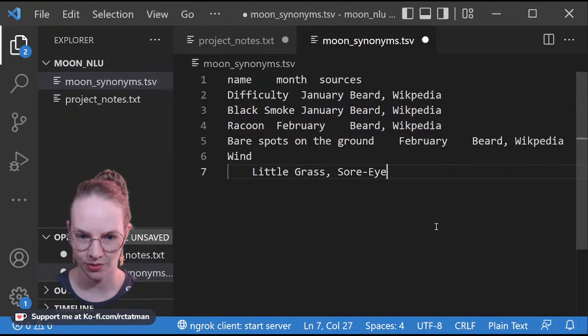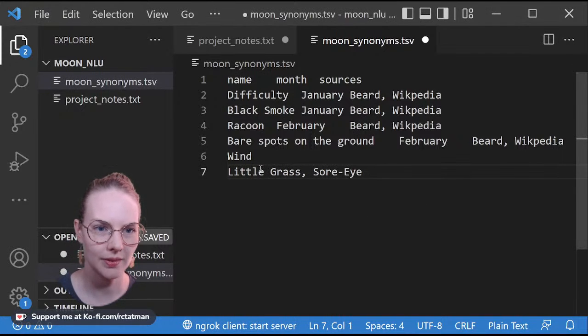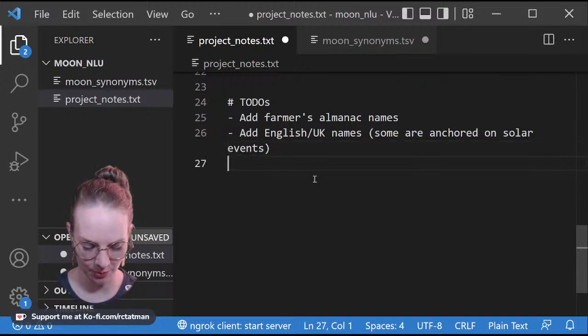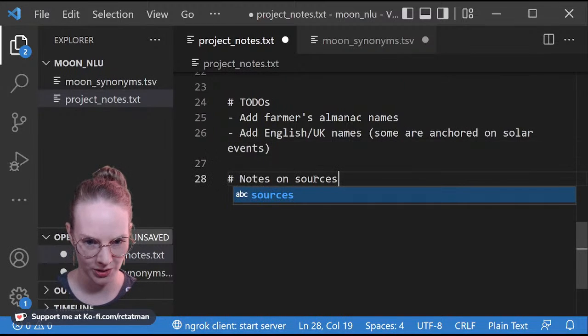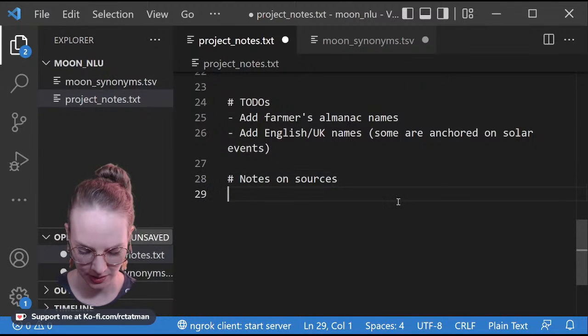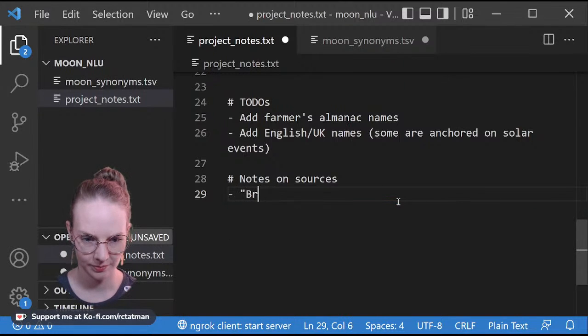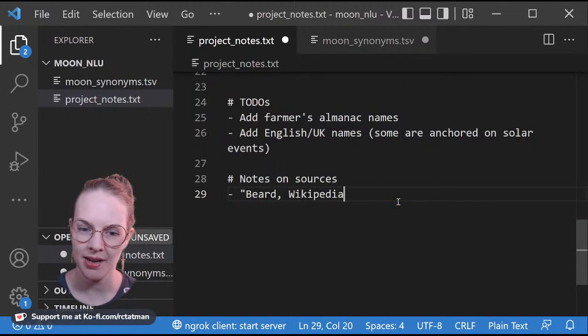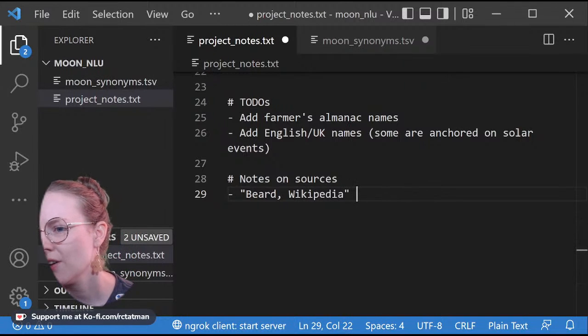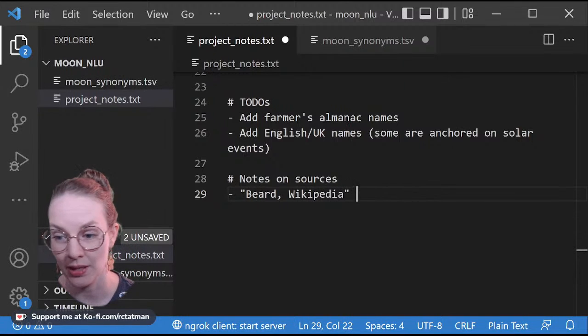So these are from, actually, you know what? I'm also going to add notes on sources, just so I know what I meant by things. Beard, Wikipedia. And you might be like, Rachel, why are you taking all these notes? You don't need to take all these notes. Believe me, I do.